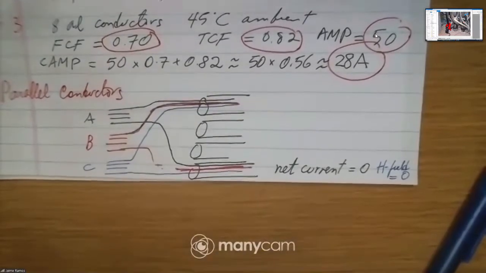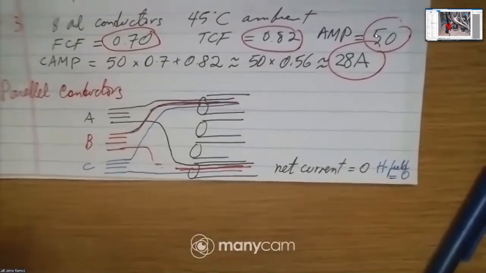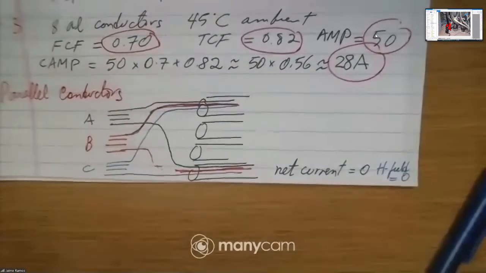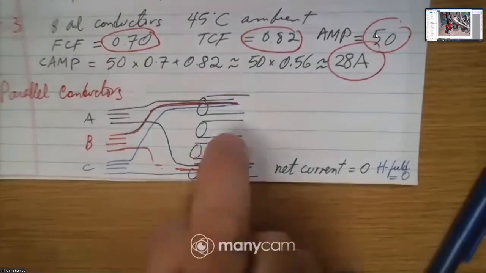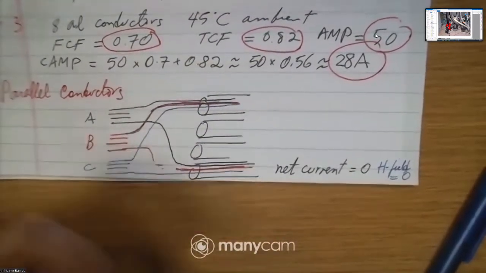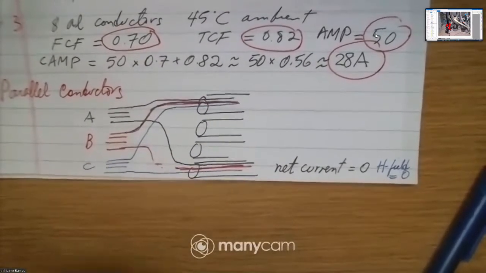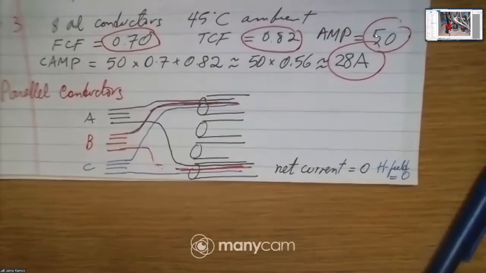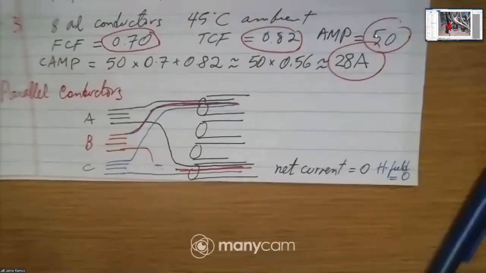Now, if that is not the case, there is going to be a net magnetic field, and that magnetic field will be changing with time, and it will be inducing currents in the metal conduits around them. So the metal conduits are going to get hot. Okay. Yeah, I would have never thought of that.